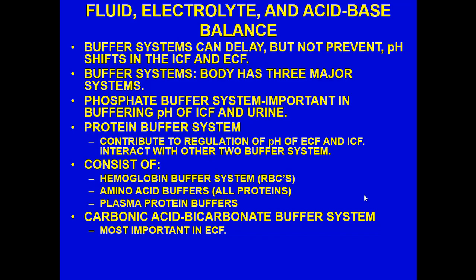The protein buffer system consists of the following. You've got one of them that you'd see in all red blood cells. It's the hemoglobin buffer system. The next one is the amino acid buffers, and you're going to see that in all proteins. And finally, the plasma protein buffers. And then finally, the last buffering system is the carbonic acid to bicarbonate buffer system. But that you'd see much more prominently in ECF, okay?